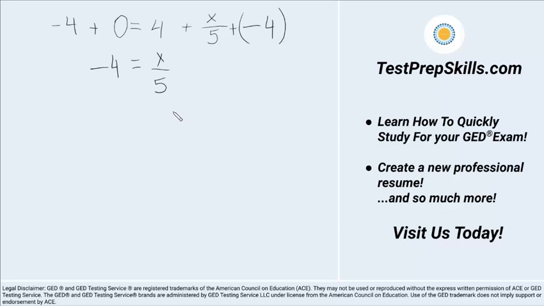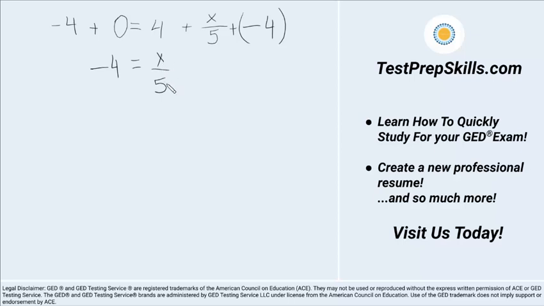So now we've simplified down our problem a little bit. Well, we're still not quite done yet. We're going to do the same kind of thing that we did before. Remember, we're still trying to get this x by itself, so we need to get rid of this 5. Now, remember, when we have a fraction, anything, a variable or a number, over another number or variable, a fraction is simply a division we haven't done.